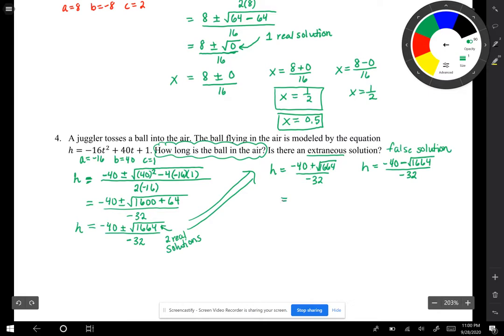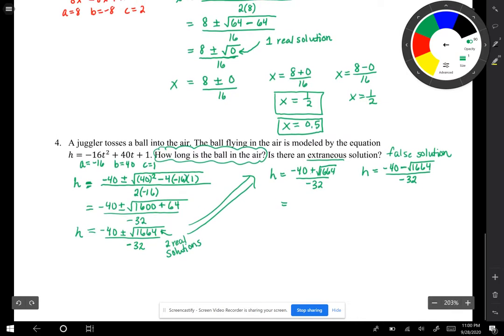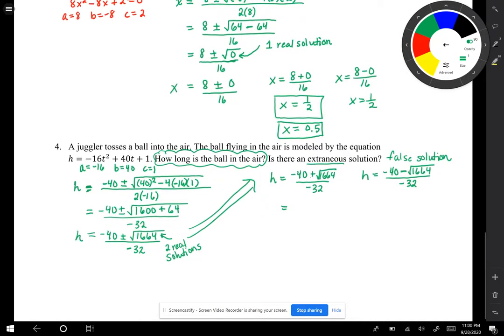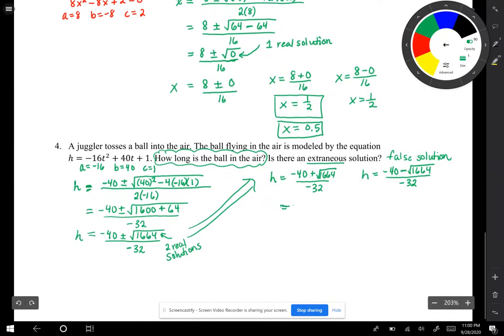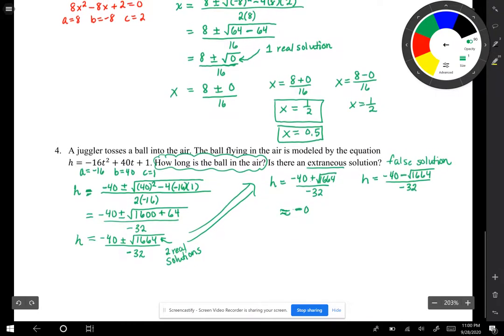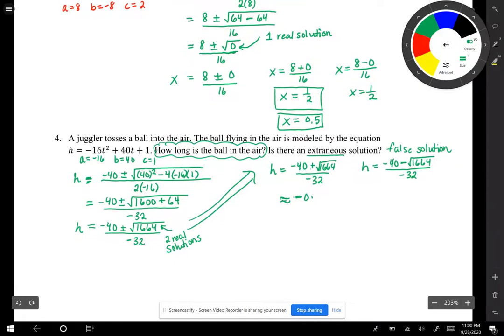Here you want to use a calculator and determine what the square root of 1664 is, and once you know what that is, you add it to negative 40, and then divide by negative 32. Here I ended up getting about negative 0.02. And here I did the math and I got about 2.52.